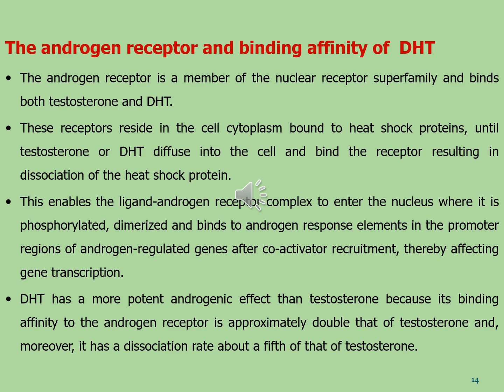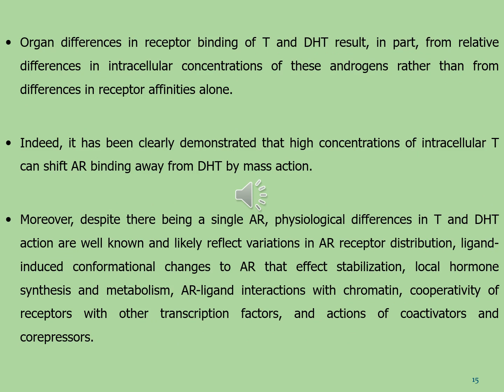DHT has a more potent androgenic effect than testosterone because its binding affinity to the androgen receptor is approximately double that of testosterone's, and moreover, it has a dissociation rate about a fifth of that of testosterone. Organ differences in receptor binding of testosterone and dihydrotestosterone result in part from relative differences in intracellular concentrations of these androgens rather than from differences in receptor affinities alone.